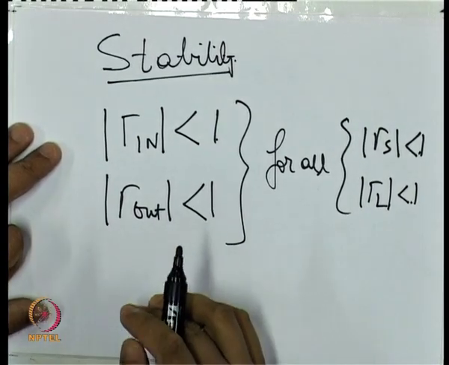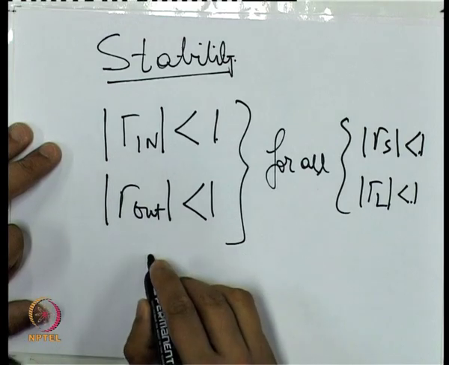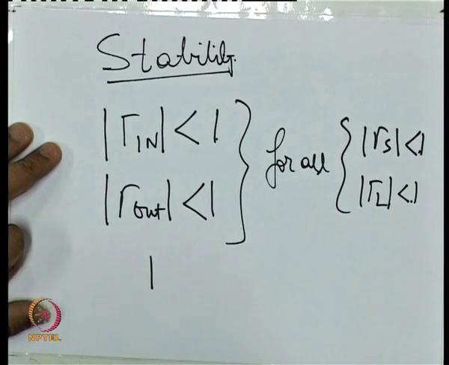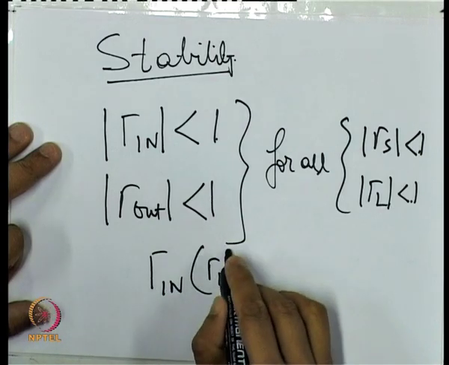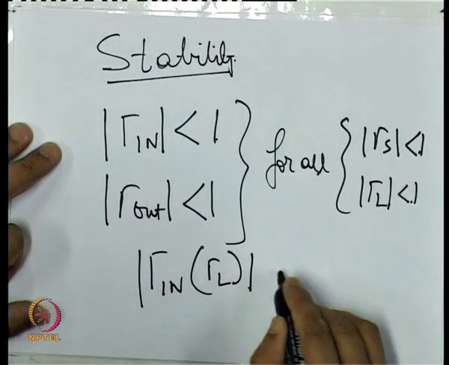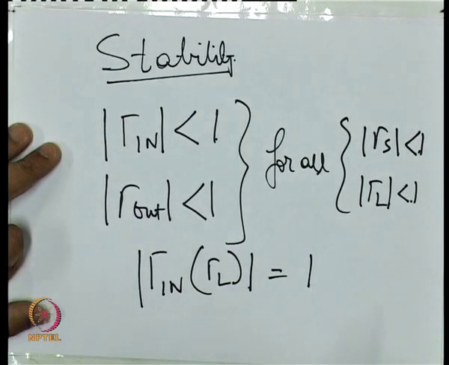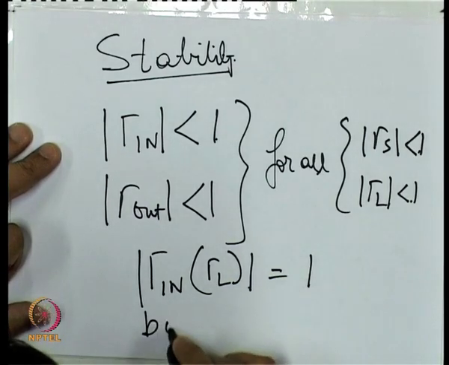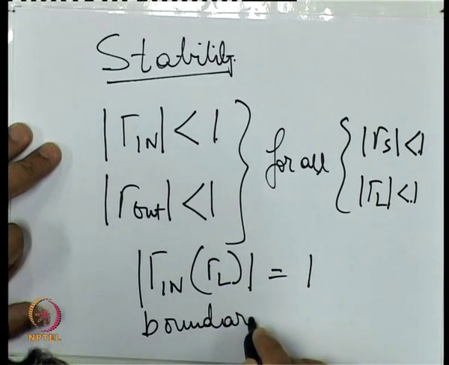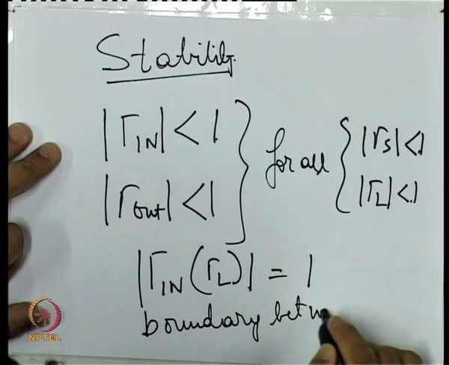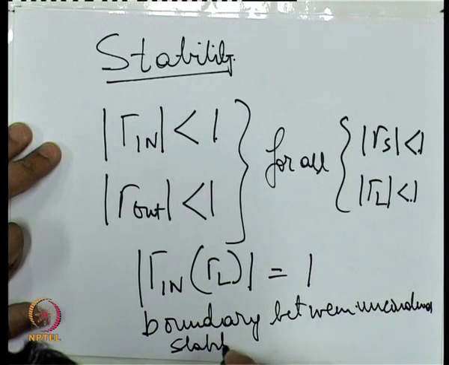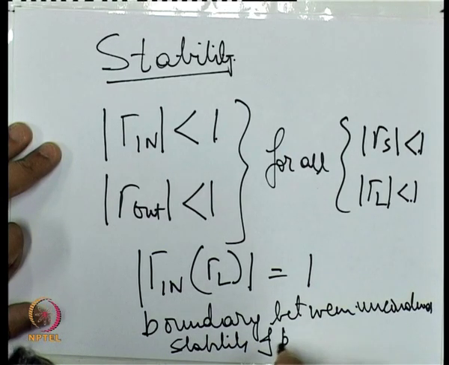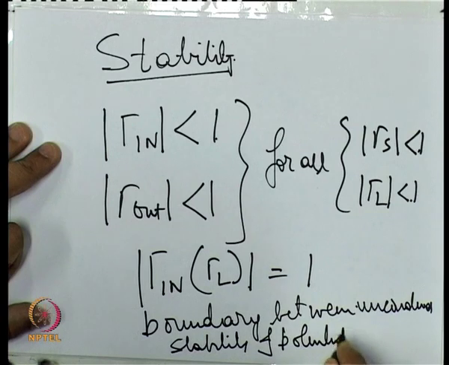Fine. So then can we say that the condition that gamma in, which is a function of gamma l, modulus becomes equal to 1, this is the boundary between unconditional stability and potential instability.